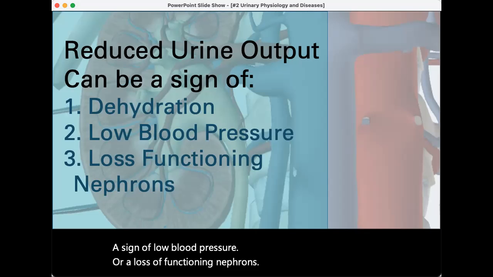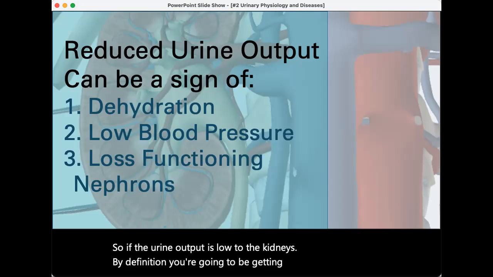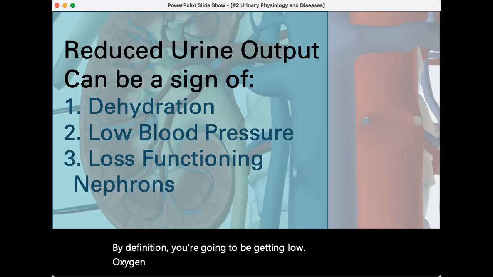In any case, it's a way to monitor how the rest of the vital organs are doing. So if the urine output is low, by definition, you're going to be getting low oxygen, low blood flow to the other vital organs.